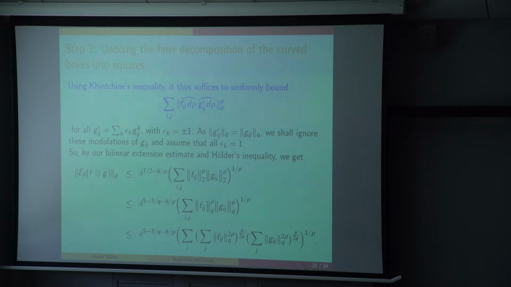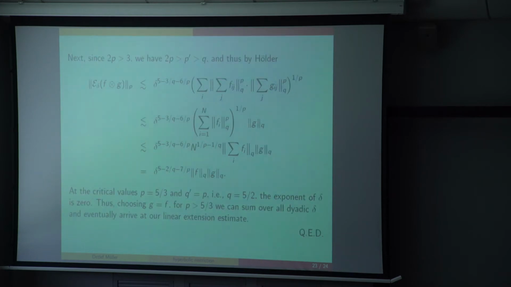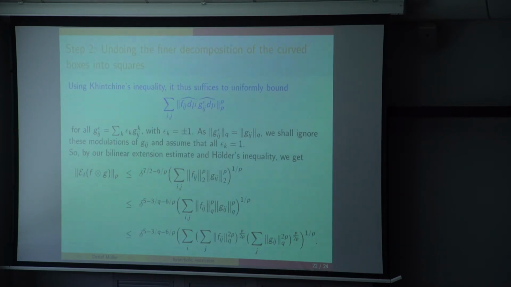The only difference is you put some signs on the different boxes, but the L^q norm is the same, so we can just assume the signs are 1. And so we can come back to our curved box. In the end, it suffices to control those norms, and as I said, we can assume all signs are 1, so we are back to the G_ij.